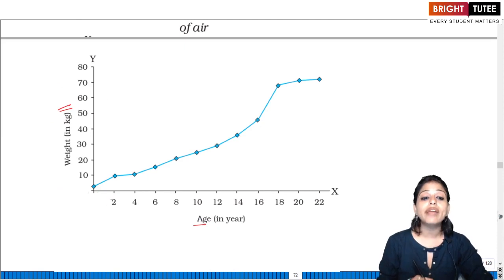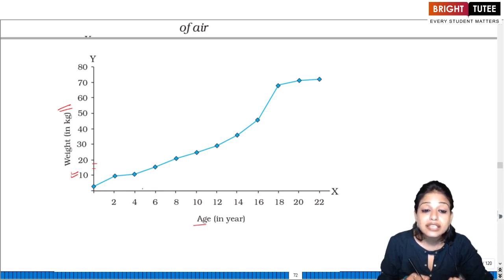The man, when he was 2 years of age, was around 10 kg in weight. Then around 4, it became 12 or 14. Then around 6, it became 18. As you go up and up, you can see for any age what the weight of the person was.